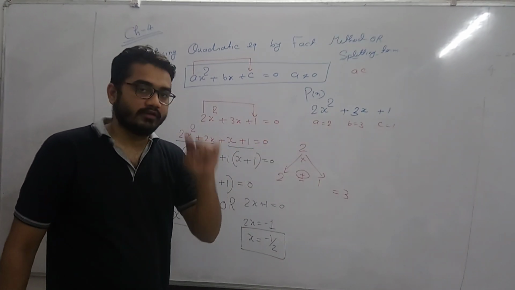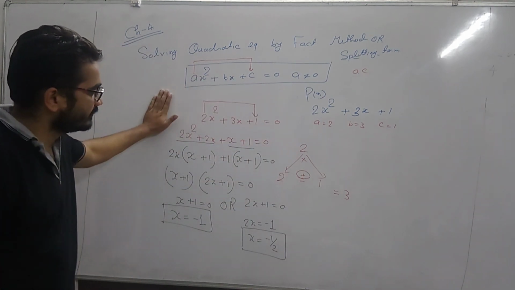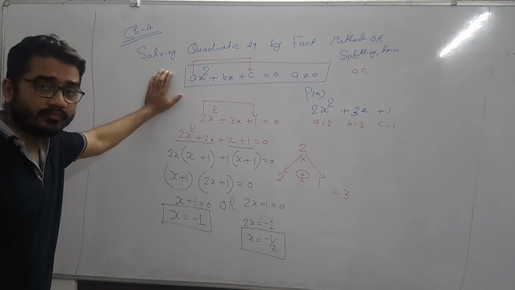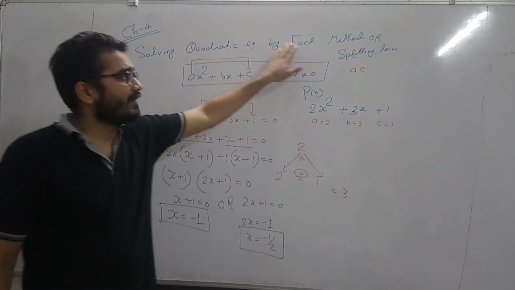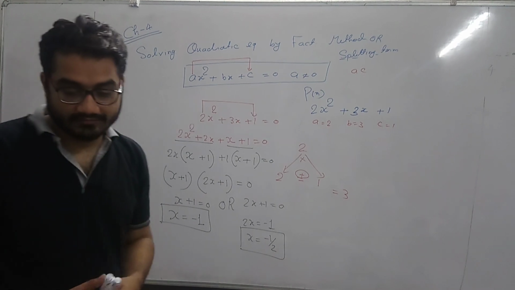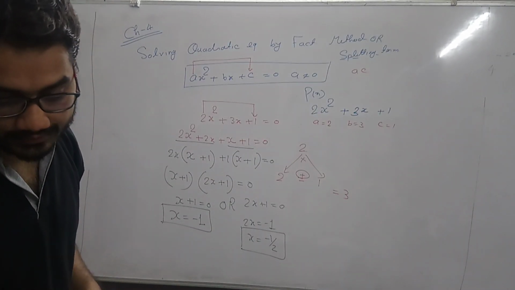That is how we can solve the quadratic polynomial with the help of the factorization method or splitting the term method. Let us have a few questions, so we'll have the exact idea of how we can do that.